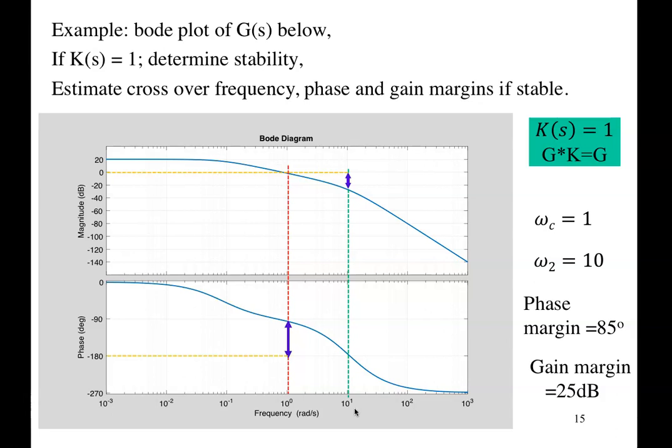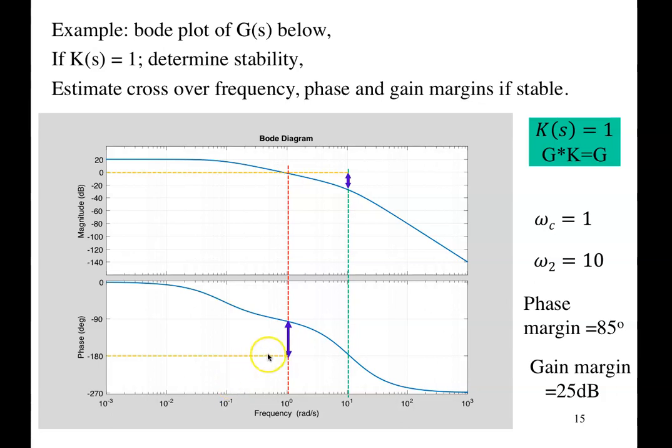To find the phase margin, you go back to the crossover frequency. Okay, so you look up, you see how far the phase plot is away from minus 180 degrees. In this case, the phase angle is just below minus 180, maybe minus 95.